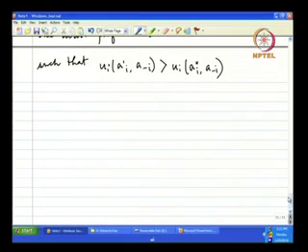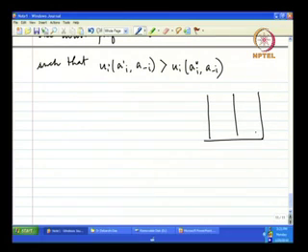Examples. Let me give you one example. Take the case of this game.